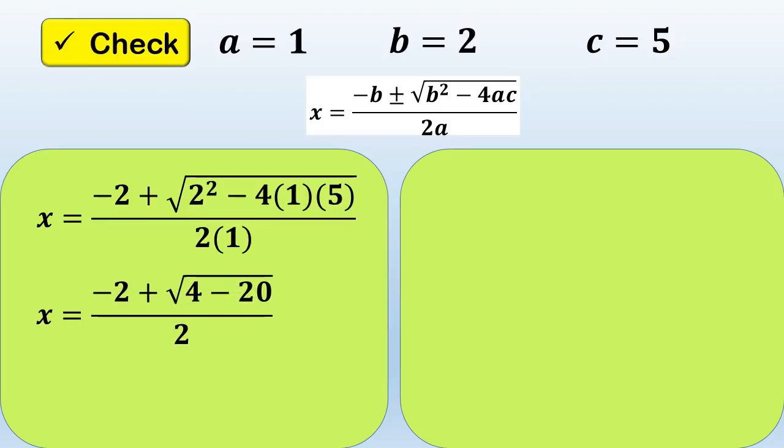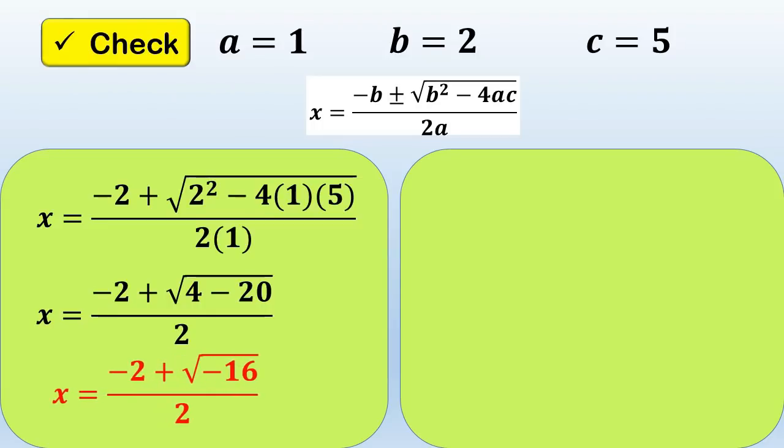So we have here negative 2 plus, simplify yung ating nasa radical sign. So 2 squared is equal to 4, minus 4 times 1 times 5 is equal to 20. 2 times 1 is equal to 2. So therefore, we have here negative 2 plus the square root of 4 minus 20 over 2.